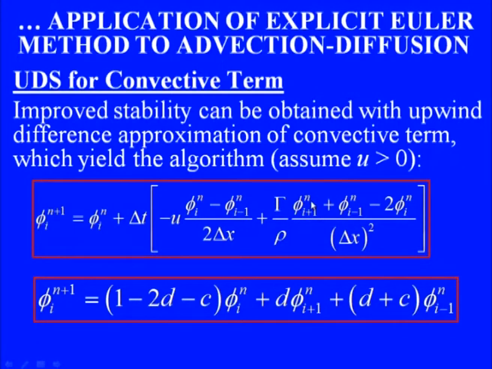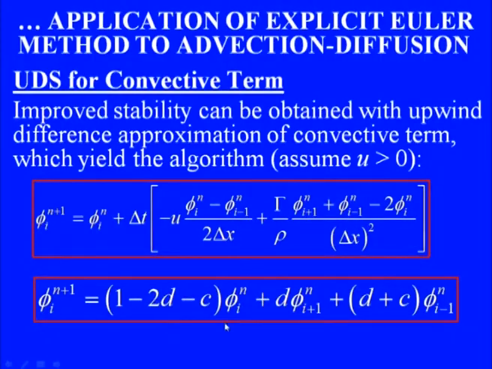So, phi I plus 1 n plus phi I minus 1 n minus 2 phi I n divided by delta x square.